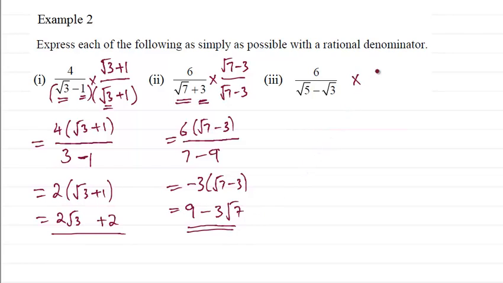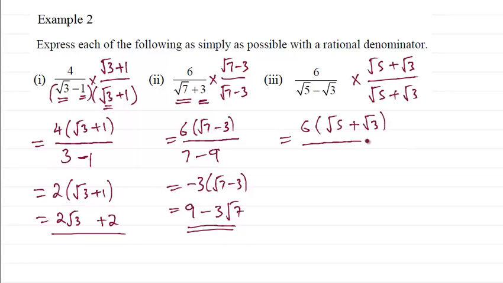Same thing here, multiply by the conjugate, which is root 5 plus root 3. Same thing on the bottom. Top part is just 6 into root 5 plus root 3, the denominator, always the square of this, which is 5, square of this, which is 3.